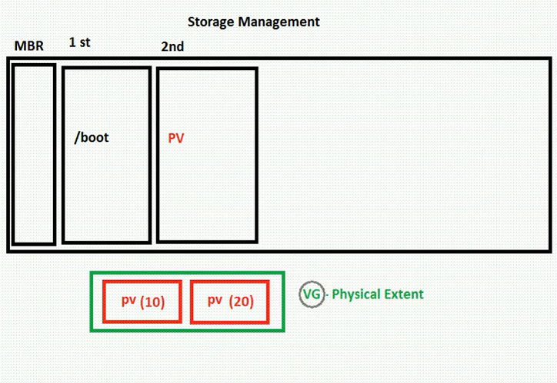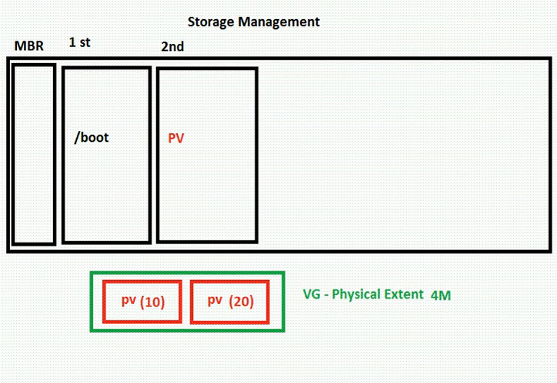When we are creating the volume group, we say this 30 gigabytes is going to be divided into smaller units, and these units are physical extents, let us say of size 4 megabytes. If you do the mathematical calculation of how many 4 megabyte physical extents can fit into 30 gigabytes of volume group, that is a huge calculation which you can do on the side.